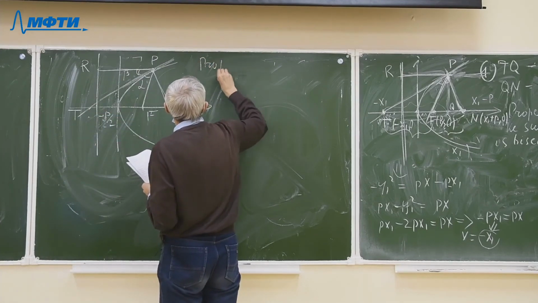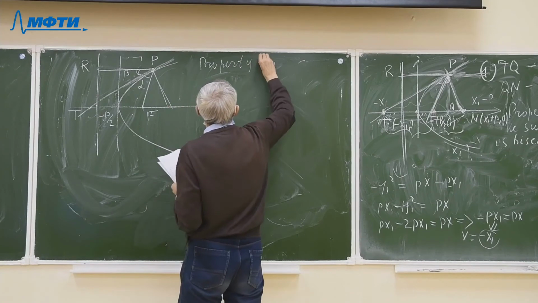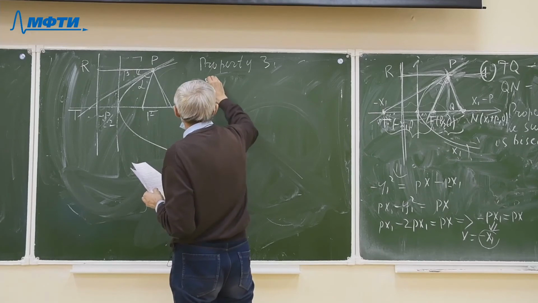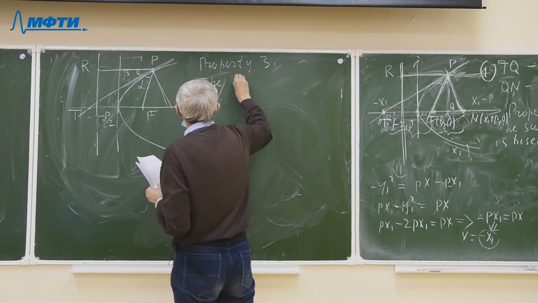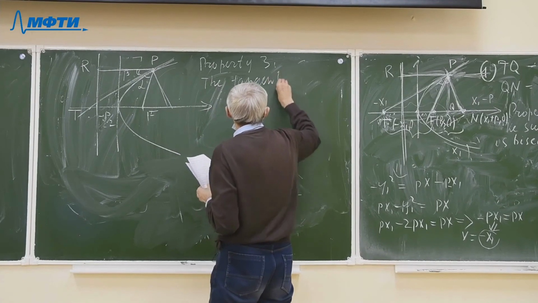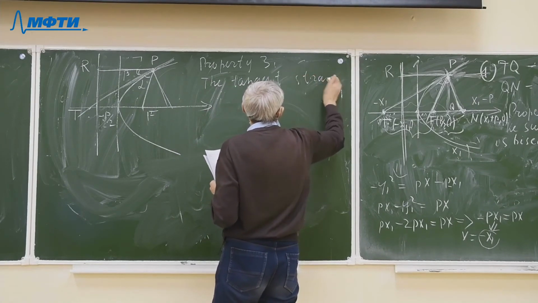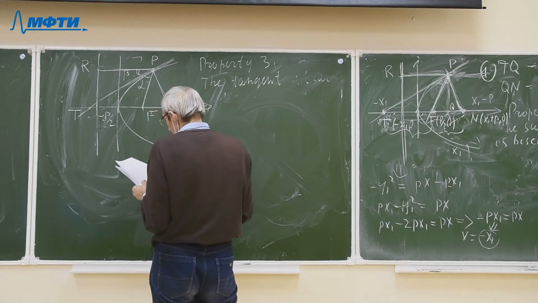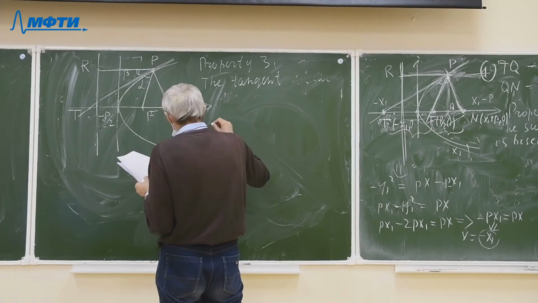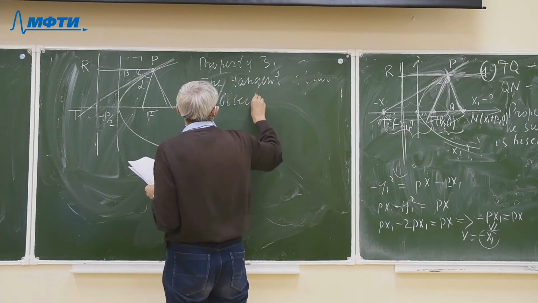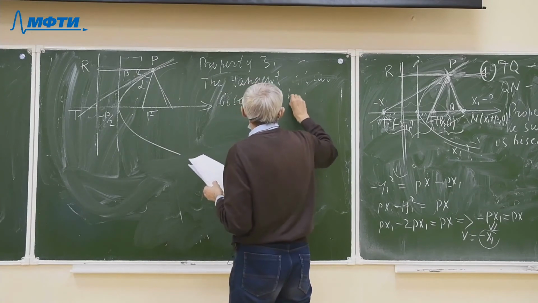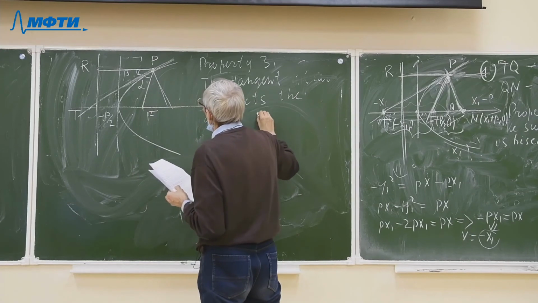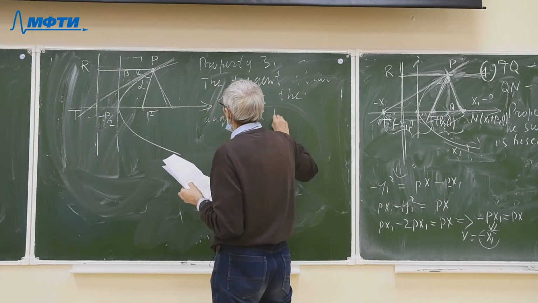Property 2. Oh, property 3, sorry. The tangent bisects the angle RPF.